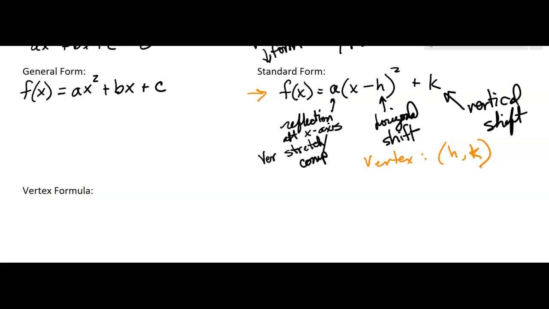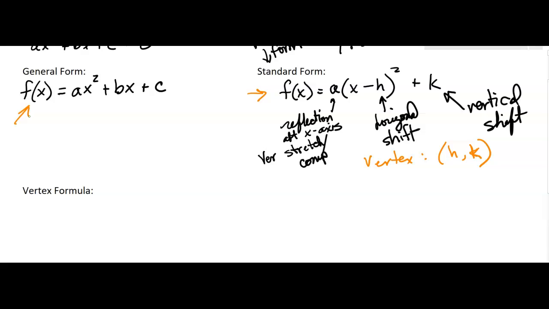There's also what we call the vertex formula. This comes from the general form. You can't really tell what the vertex is just by looking at the general form, but if you apply the quadratic formula, you can get it into a form where you would know what the vertex was. I'm just going to tell you what the vertex formula is.